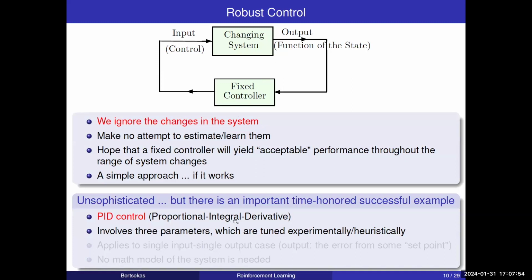And there are three parameters, okay? So the controller measures the level of the output and its distance from set point. Let's say you want to set the system to operate at value 10, and then it produces an output that is 11, okay? The difference is multiplied with this proportionality constant and is fed into the controller.